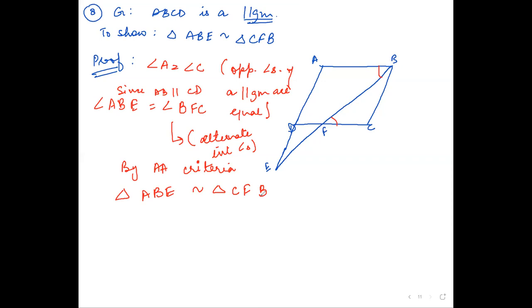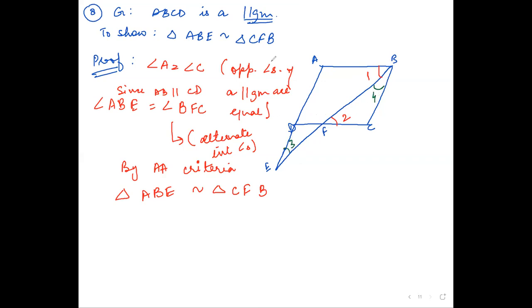Yes, Rida, have you written? Yes, ma'am. Okay. This question can also be done like this. Instead of showing this angle, for example, we have shown angle 1 is equal to angle 2. You can also show the other remaining angle, 4 and 3, for example.